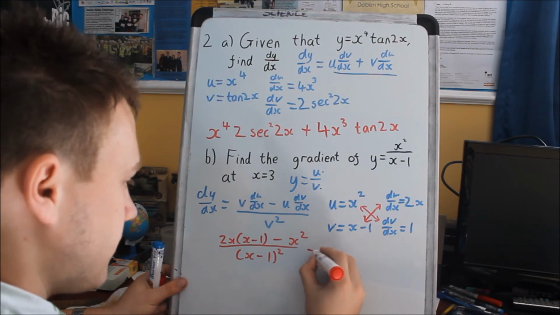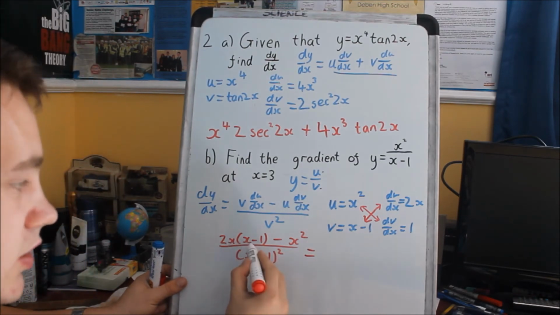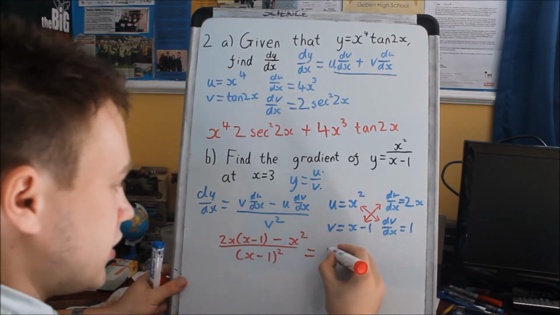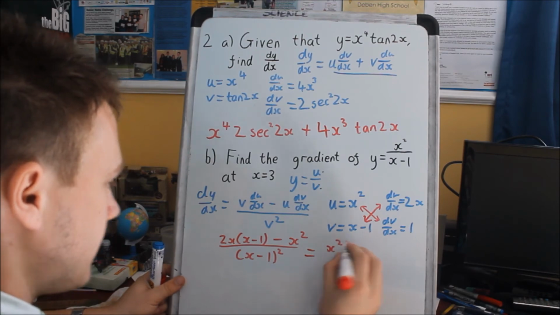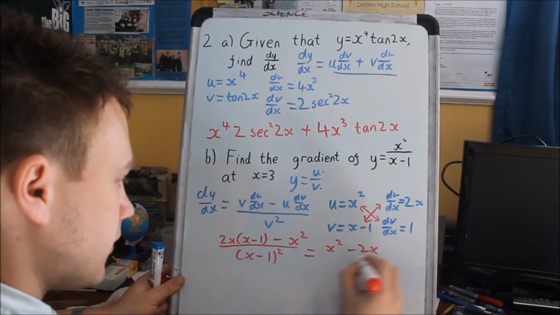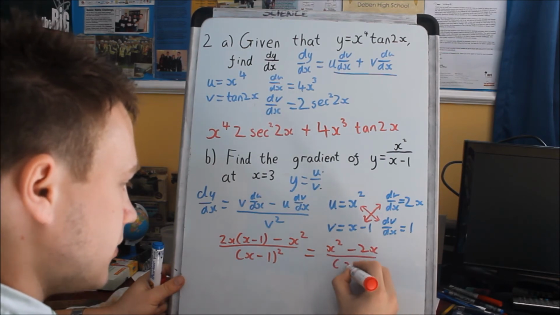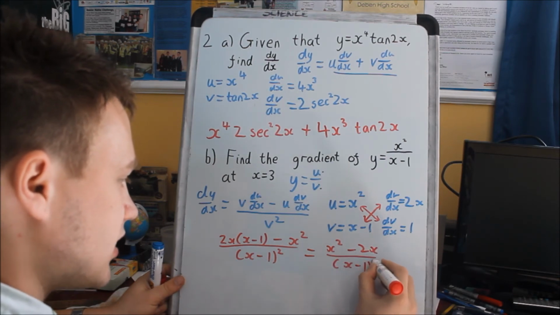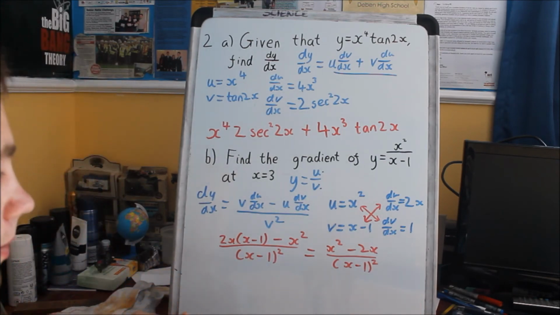You can simplify that. The 2x times the x is 2x squared, minus x squared is just the 1x squared. And then you're going to have minus 2x, and that's over the x minus 1 squared, which we don't need to bother expanding because we're just going to plonk a number into it, so I think we can leave it like that.